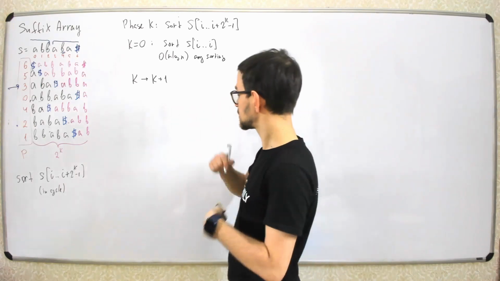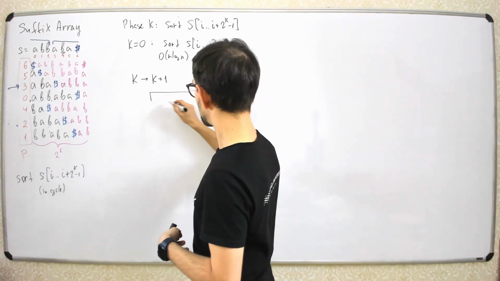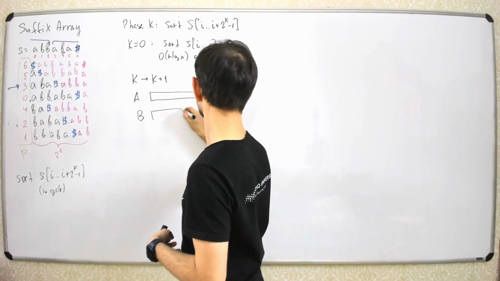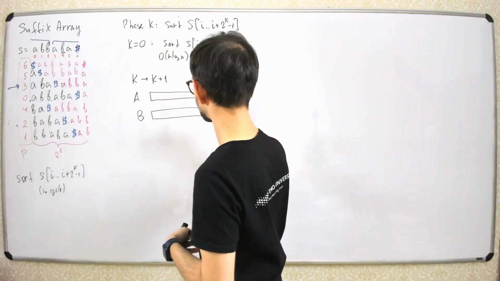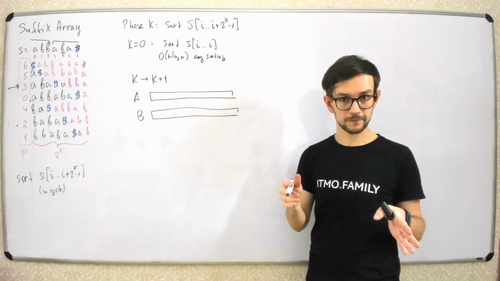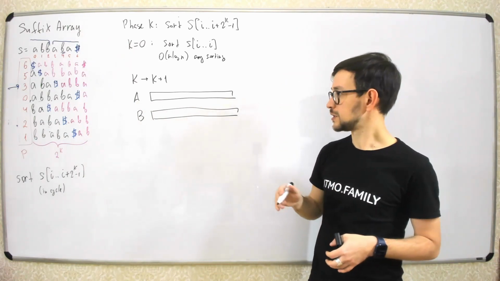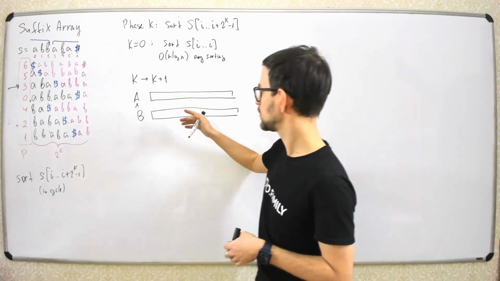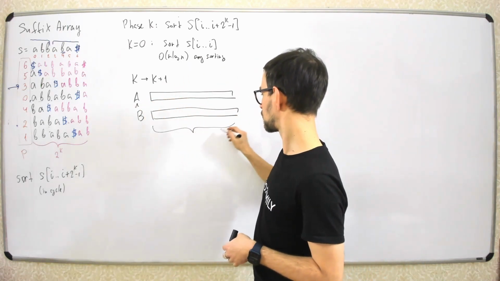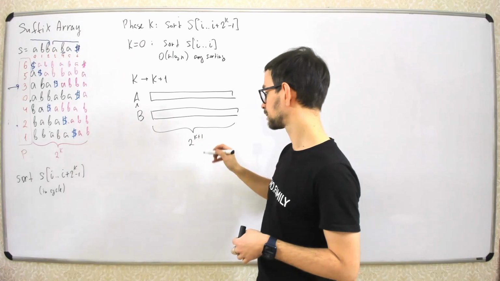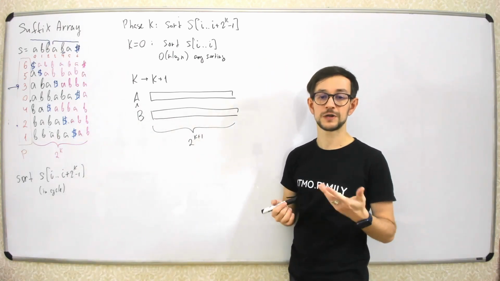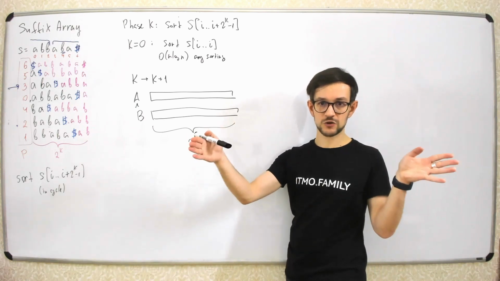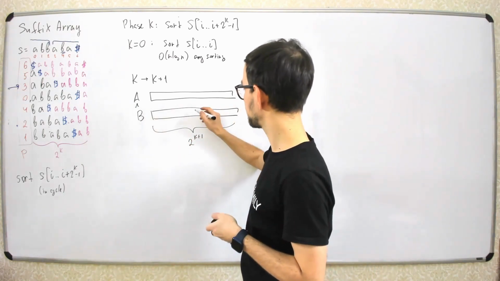So I need to make a comparator which takes two strings a and b and compares them. How to check if a is less than b? If you have two strings of length 2 in the power of k plus 1, you will divide each string into two strings of length 2 in the power of k.